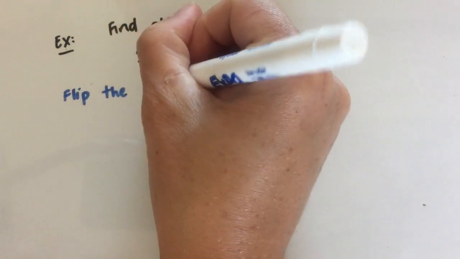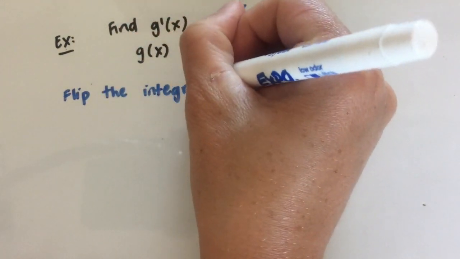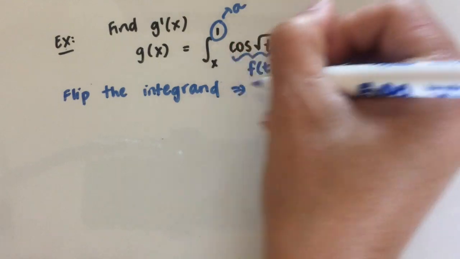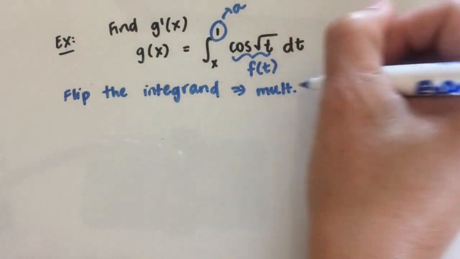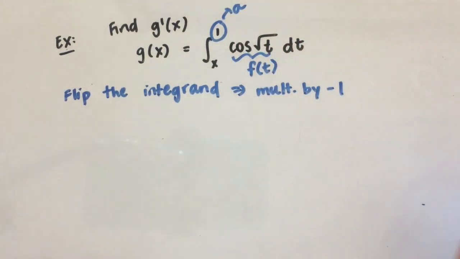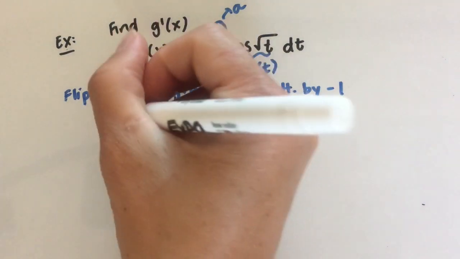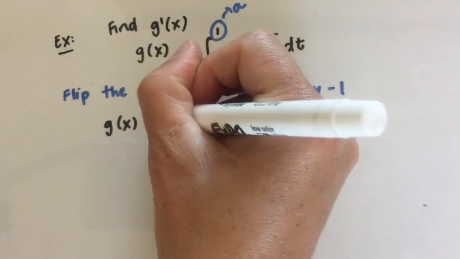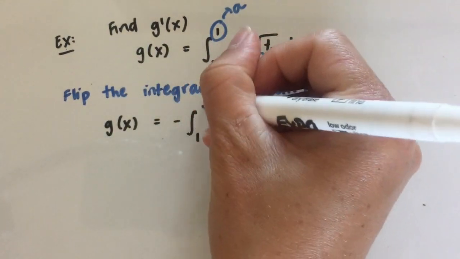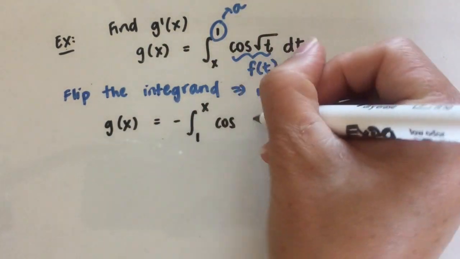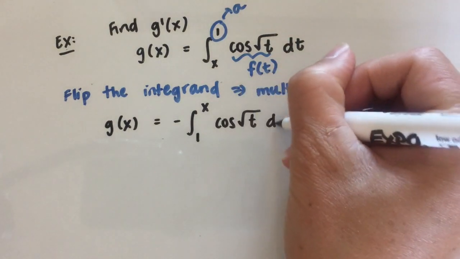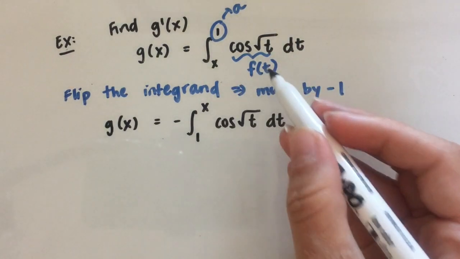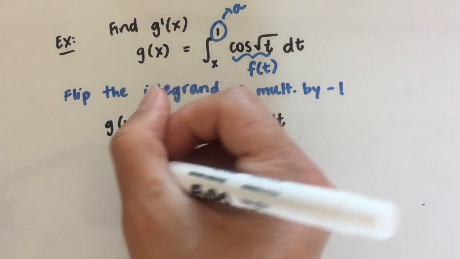So in order to flip the limits, we multiply by negative 1. So our g of x equals the integral from 1 to x of cosine of the square root of t dt with a negative in the front.